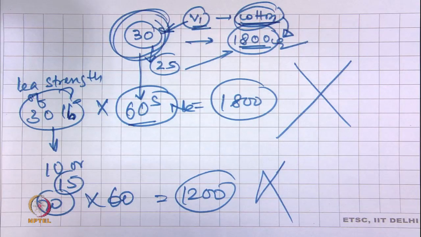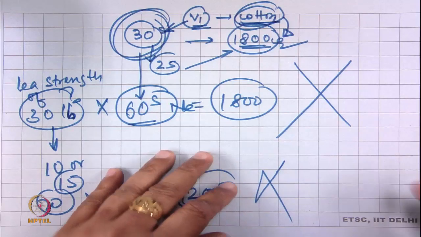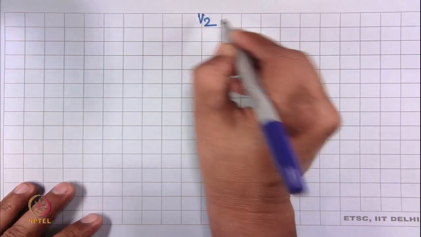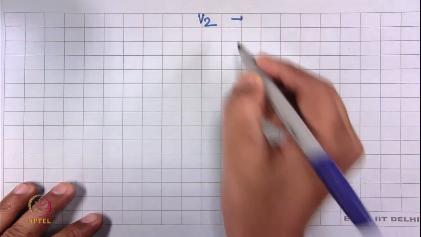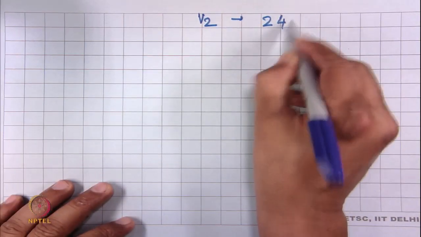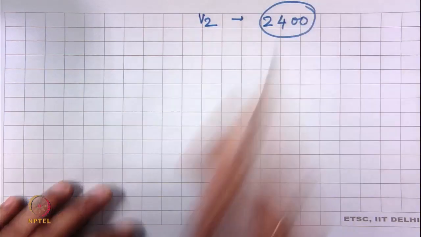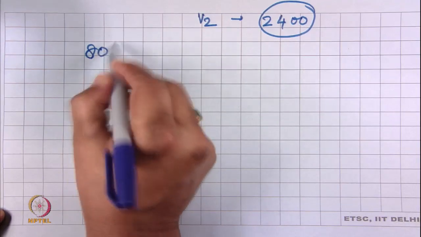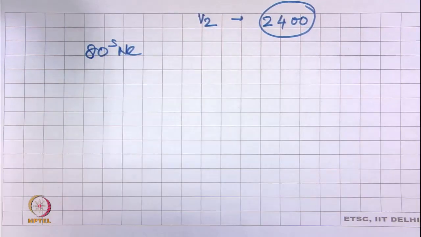Okay. Now, we are using another superior variety of cotton, very high quality cotton, say B2, which gives a CSP of say 2400, and which is meant for around 80s count.